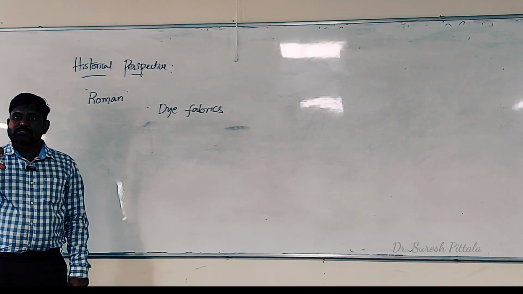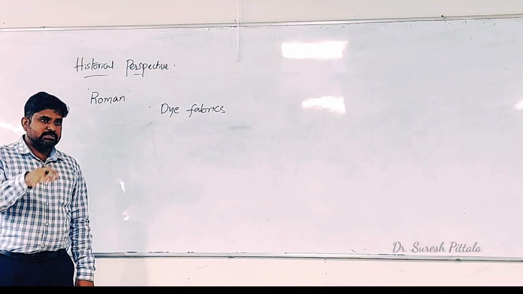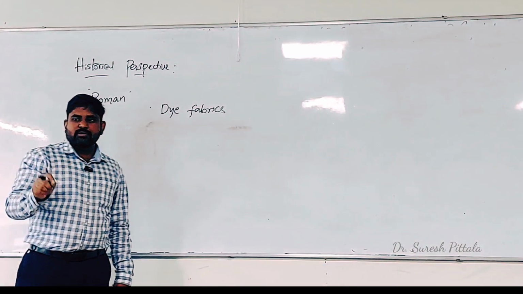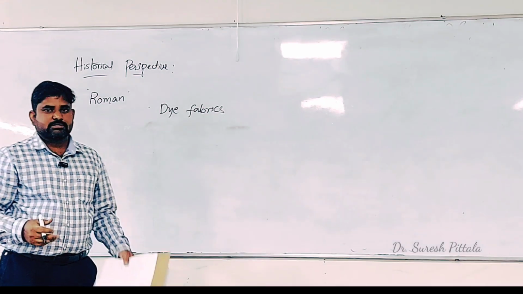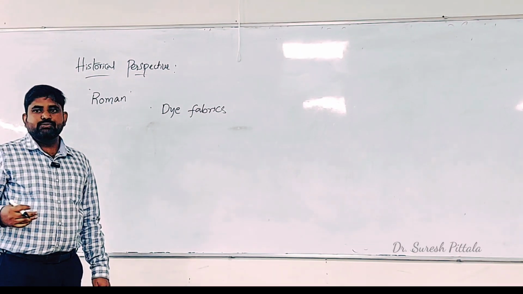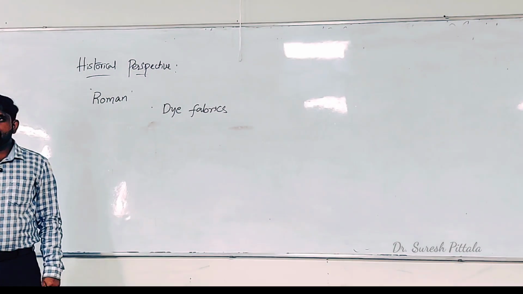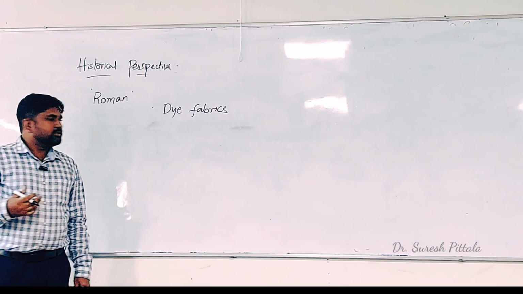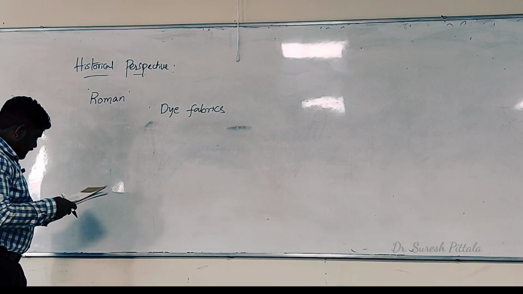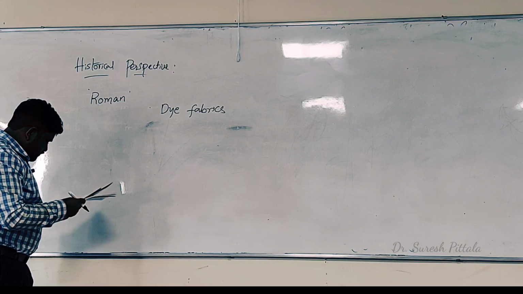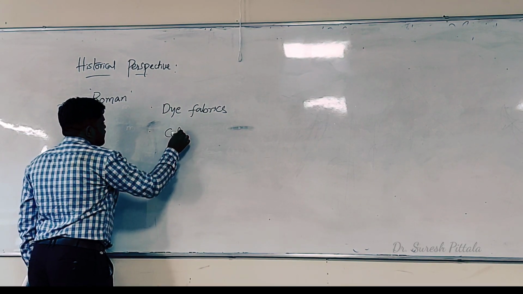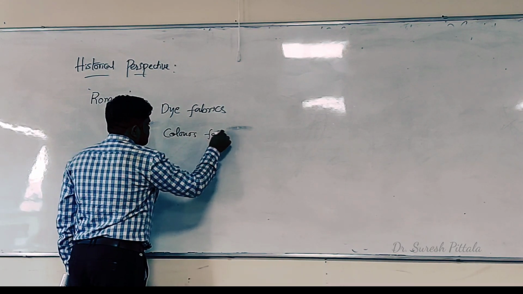The colloidal solution is basically nanoparticles dispersed in some sort of liquid, which they used for different colors of their dresses, and also to give shine, or to enhance the durability of the clothes. So for dye fabrics they used nanoparticles, and also to color glass in different colors.